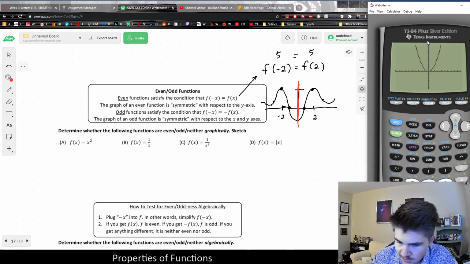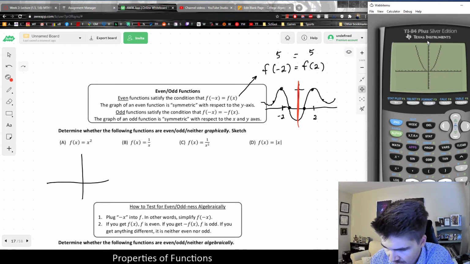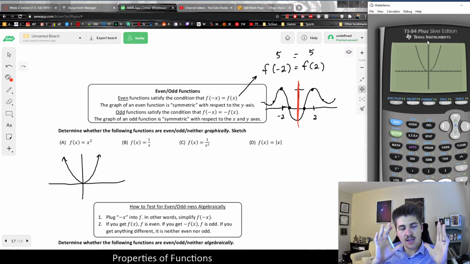Not the same, but you know what I mean. Again, the proper mathematical term is it is symmetric with respect to the y-axis, because each side reflects across itself. And parabolas, assuming that they have not been translated to the right or to the left, are always symmetric, assuming that they're focused right there on the y-axis.